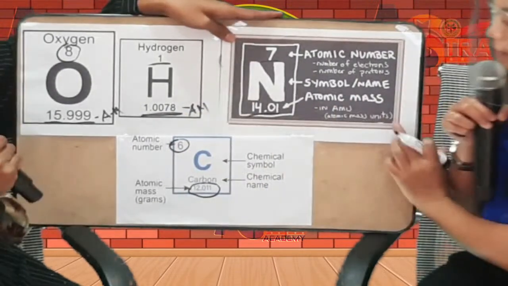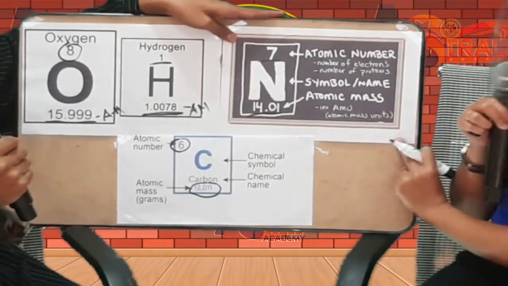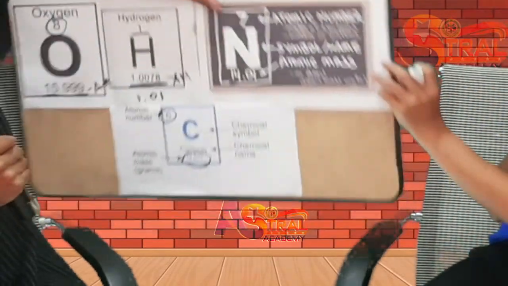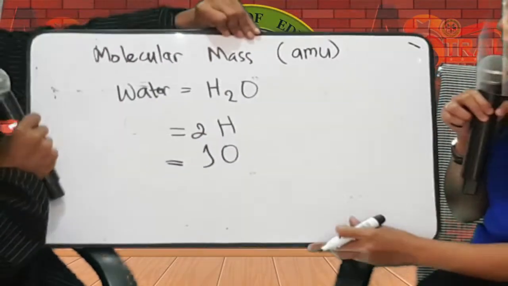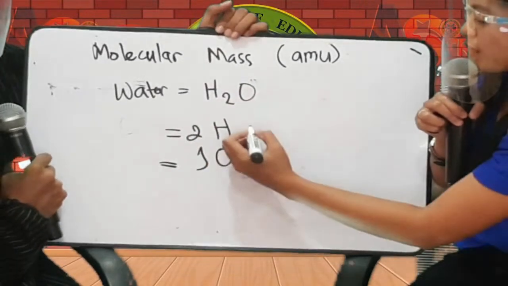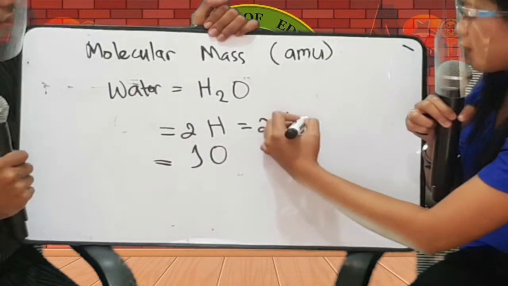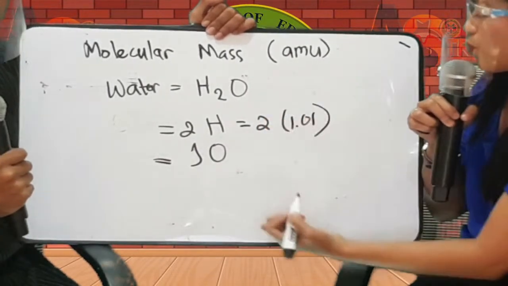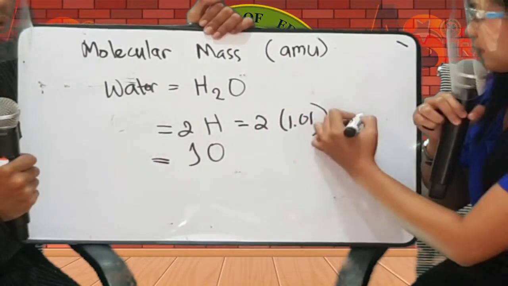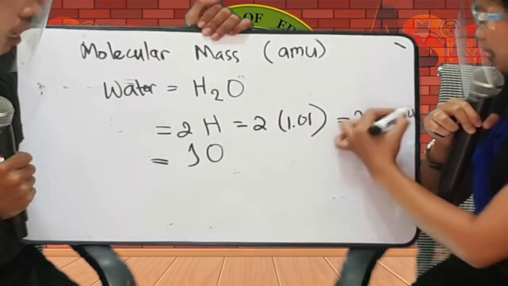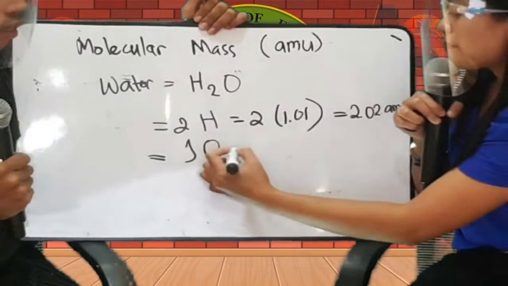By rounding it off to 2 decimal places, we now have 1.01. Since we have 2 atoms of hydrogen, we need to multiply the atomic mass by 2. So that is 1.01 times 2, which is 2.02. The unit is AMU or atomic mass unit.